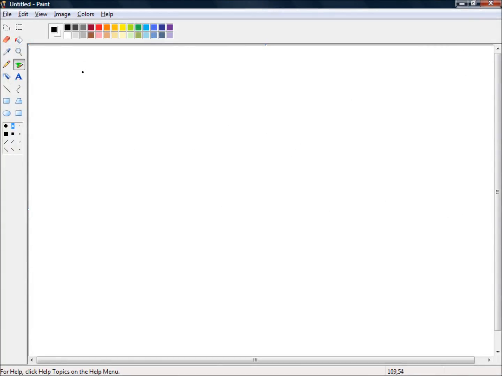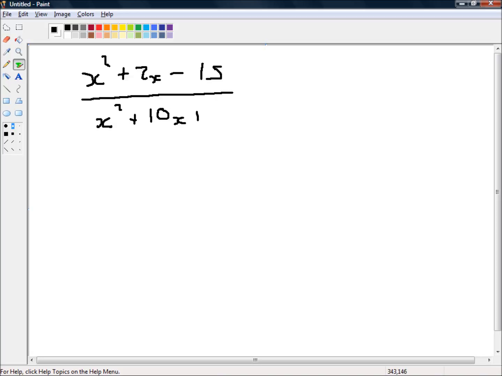Let's pick something like x squared plus 2x minus 15 all over x squared plus 10x plus 25.